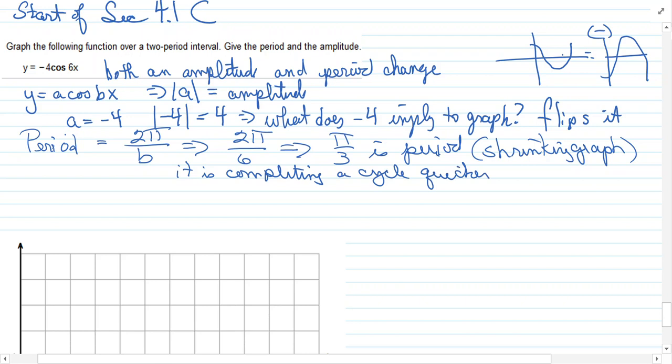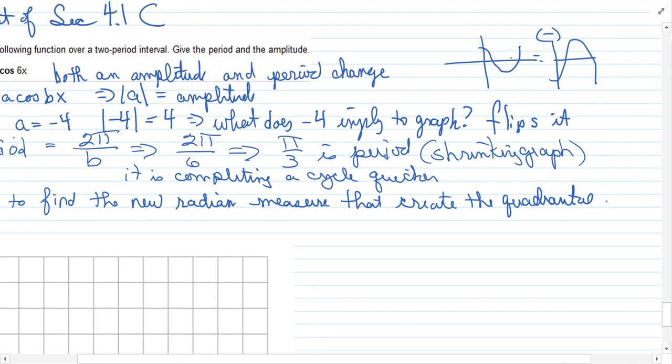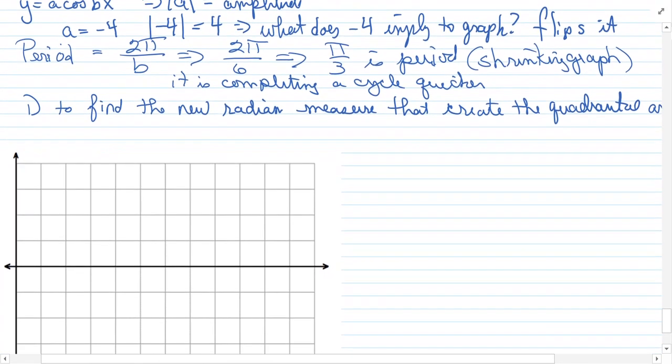All right, so our first step, of course, is to find the new radian measures that create the quadrantals. All right, so here we go.